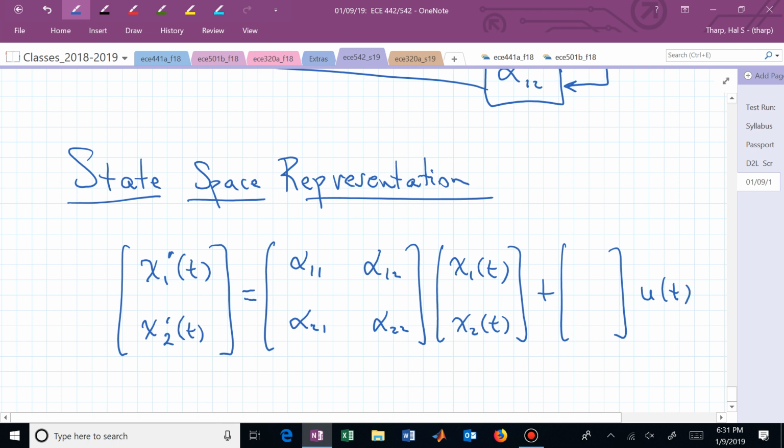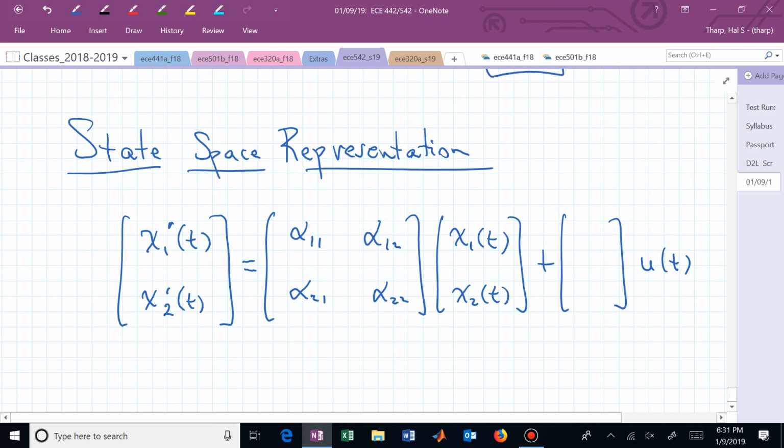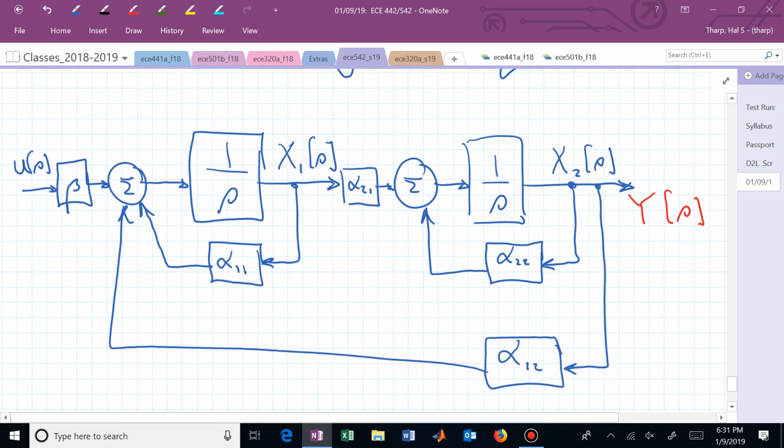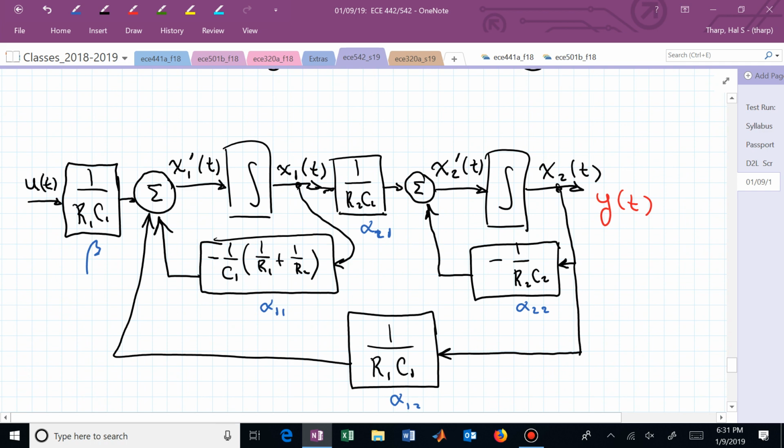And now how does my input in this particular system influence the time rate of change of x1 and x2? How does U influence x1 prime and x2 prime?